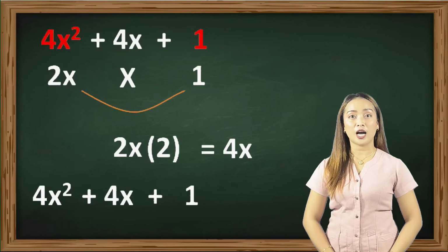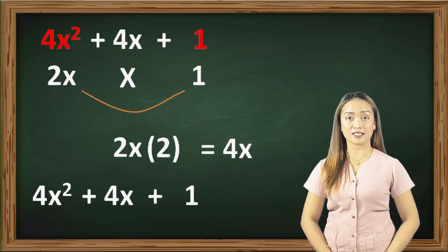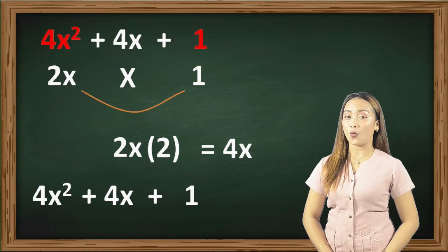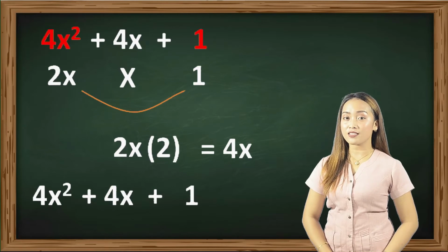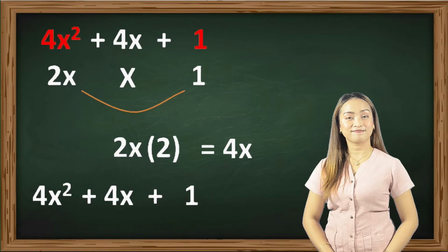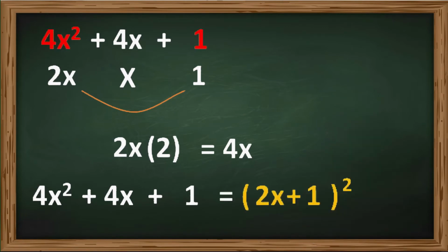4x squared plus 4x plus 1 is equal to quantity square root of 4x squared, which is 2x, plus, since the operation used in the middle term is also plus, then square root of 1 is 1, close parenthesis, then squared.